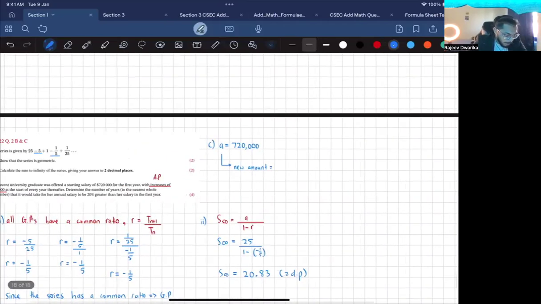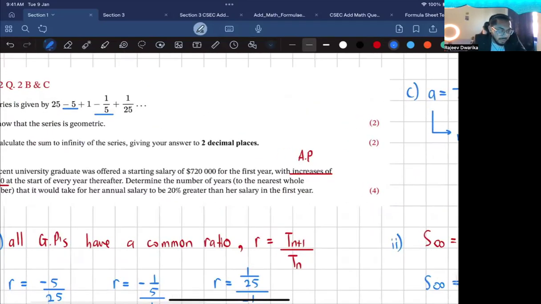So Kira, if the salary is increasing and you want to figure out how long it takes to increase by 20%, what is the salary going to be? If 100% is the original amount and it's increasing by 20%, what is the new percentage going to be? 120%. Yes.